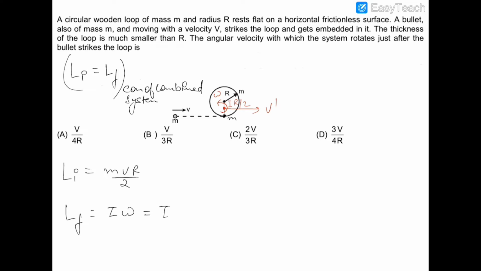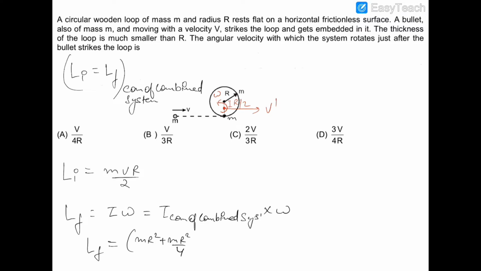So I is the moment of inertia about the COM of the combined system, and omega is the new angular velocity. So the moment of inertia of this system would be mr square plus mr square by 4 for the ring, because we are using the parallel axis theorem.